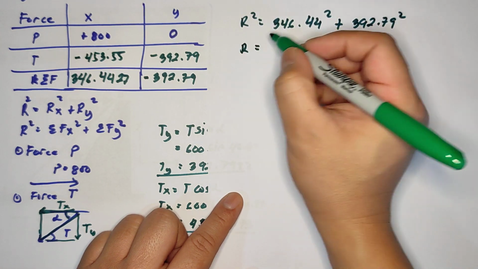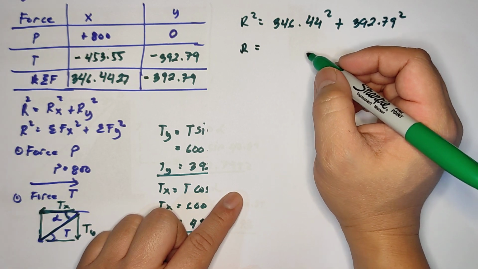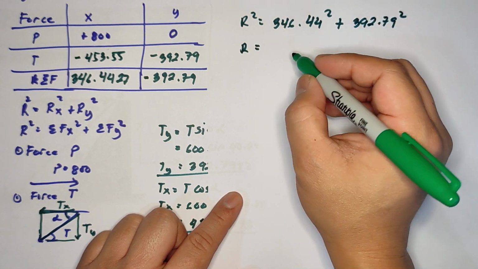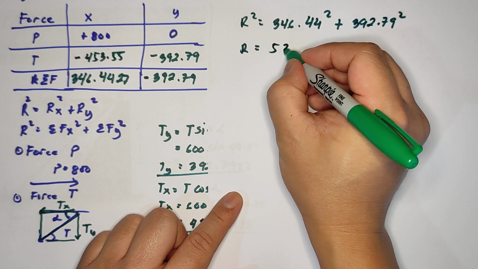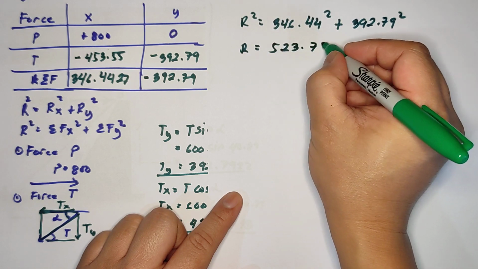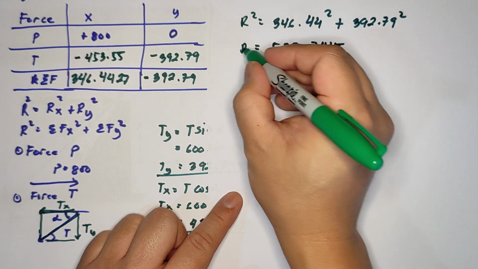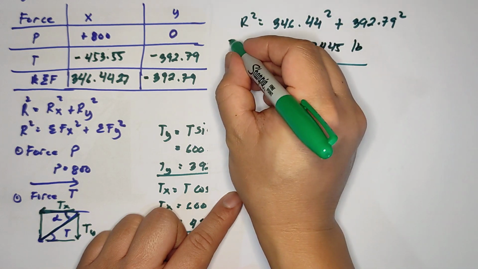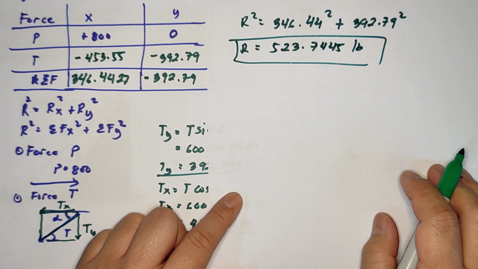So you have the resultant that is equivalent to 523.7445 pounds. Okay, the same as before.